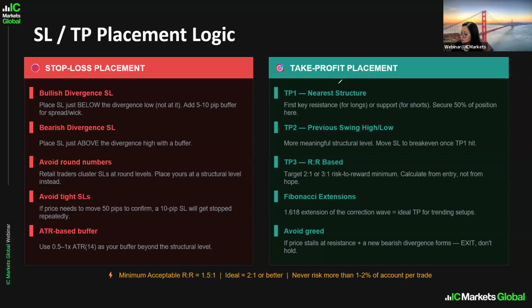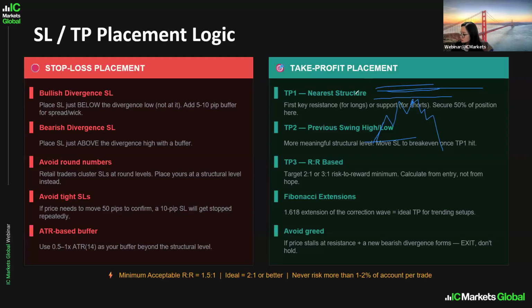For take profit, TP1 is always at the nearer structure. Let's say you buy from the support level, and this is your resistance. Price is falling and you buy. You shouldn't put the take profit exactly at the key level or above the resistance, because price is not going to hit it. Why? Because we sell at the resistance, we're not going to buy at the resistance.